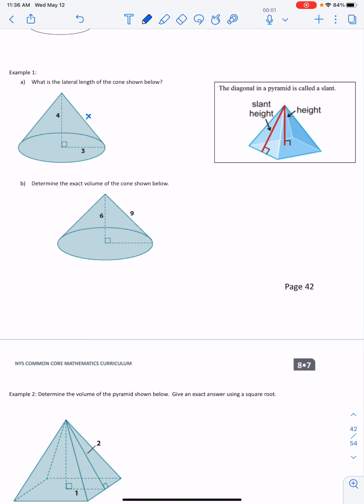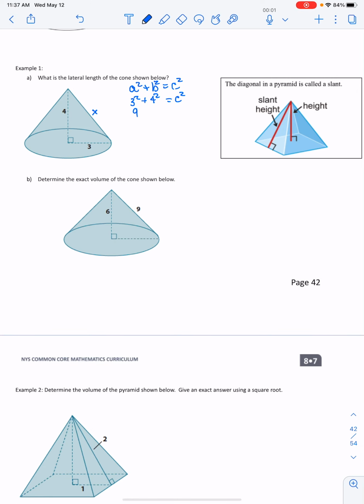So using the Pythagorean theorem, we have a squared plus b squared equals c squared. So I'm going to use 3 squared plus 4 squared equals c squared. So I have 9 plus 16 equals c squared.